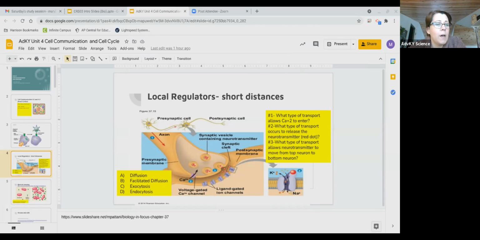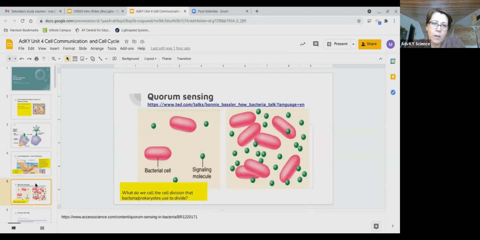All right. And so the next example I want to give you of local regulation, or cells talking through short distances, is quorum sensing. And so this occurs in bacteria. I do have a link, and my Google slide will be available to you from that link that Robert showed you at the beginning of this, and I'll show you at the end again if you want to go through, and you'll have access.